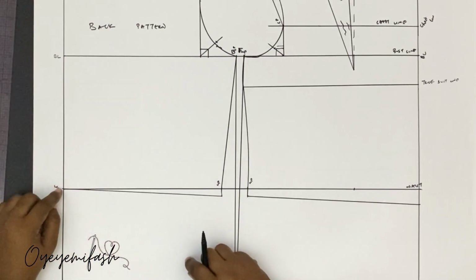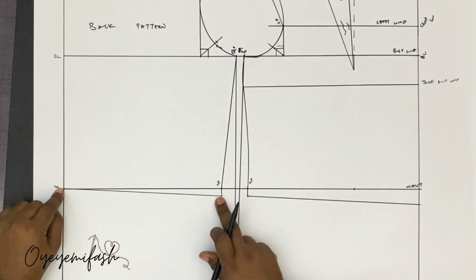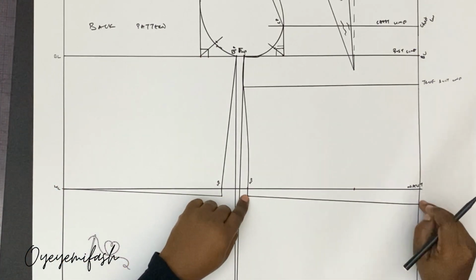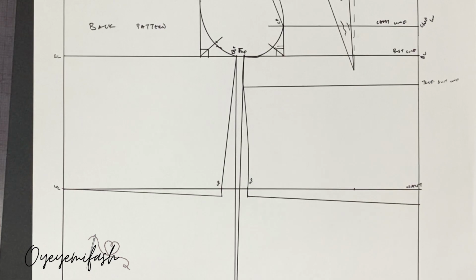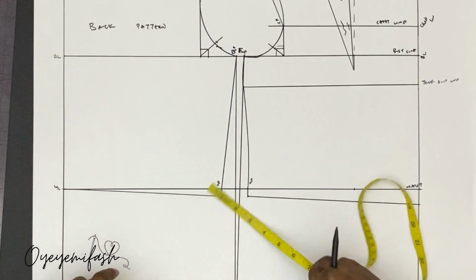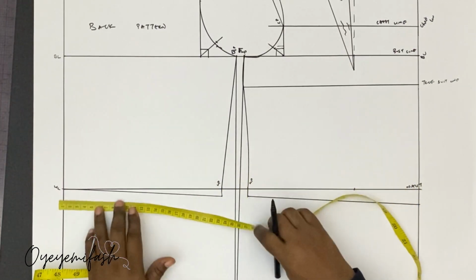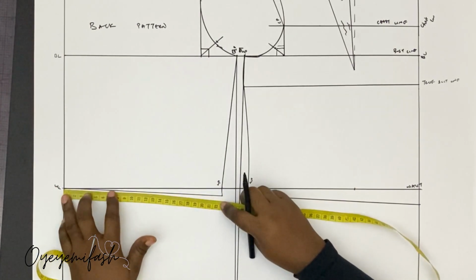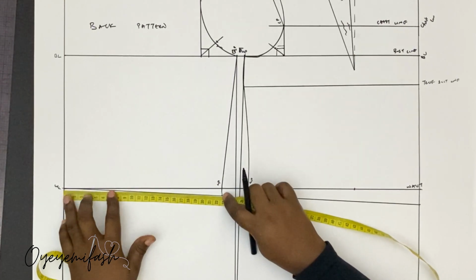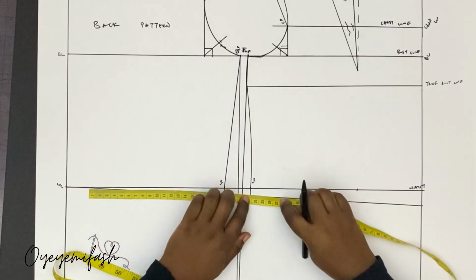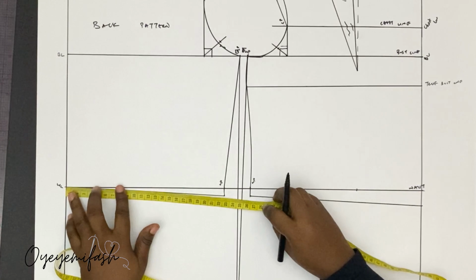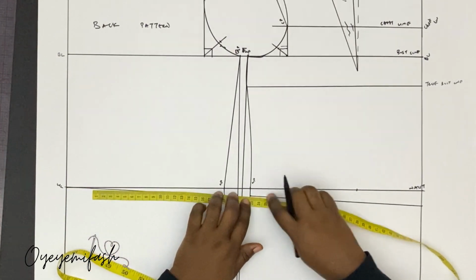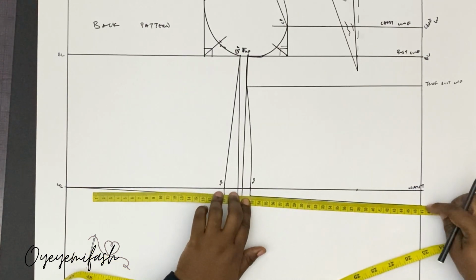So when we take our measurement from center back to the waist point on the back pattern and then waist point to the center front on the front pattern, we need to find the difference between that measurement and the desired waist measurement. So you take this measurement from center back to this waist point here, skip this gap and then continue from the waist point on the front pattern to the center front line.